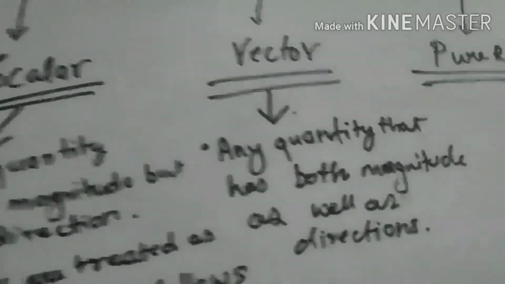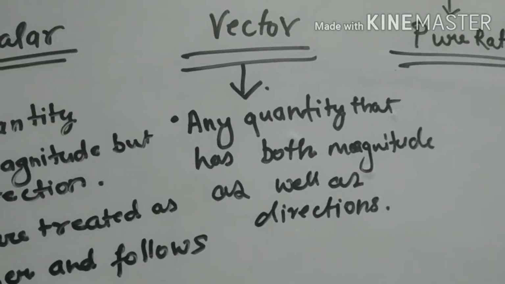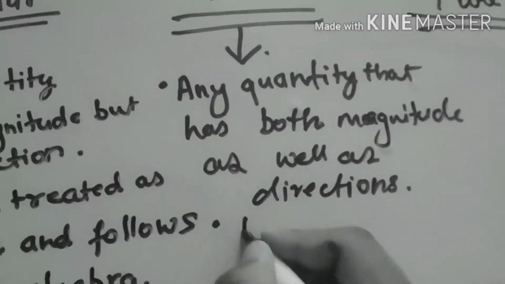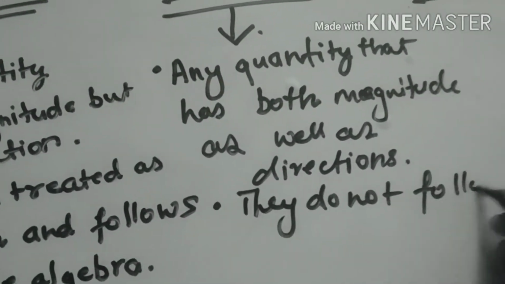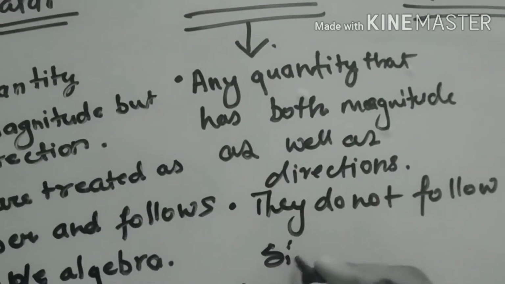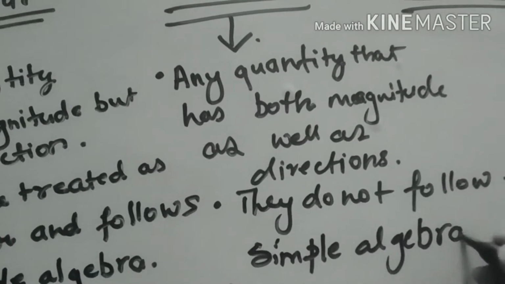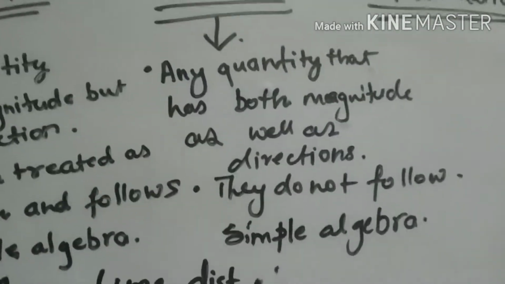Okay, any quantity that has both magnitude as well as direction is called a vector quantity. Second, they do not follow simple algebra. Okay, so vectors do not follow simple laws of algebra.